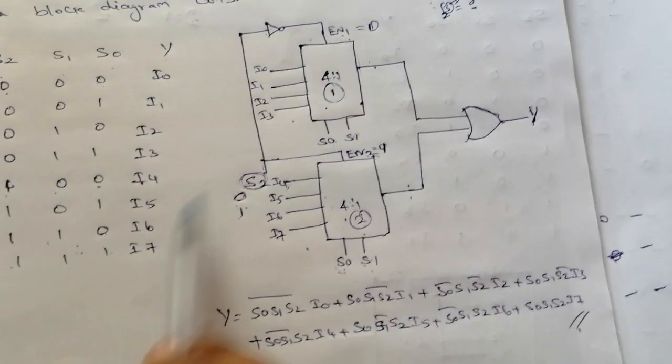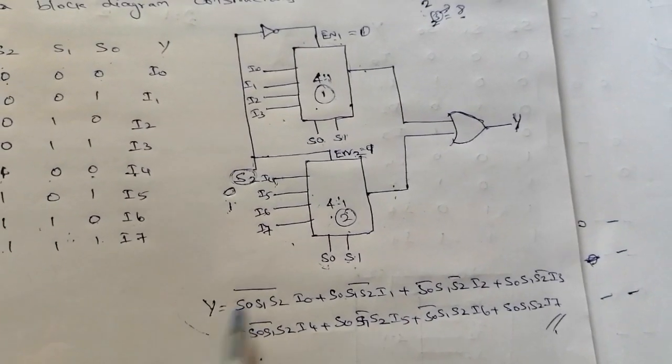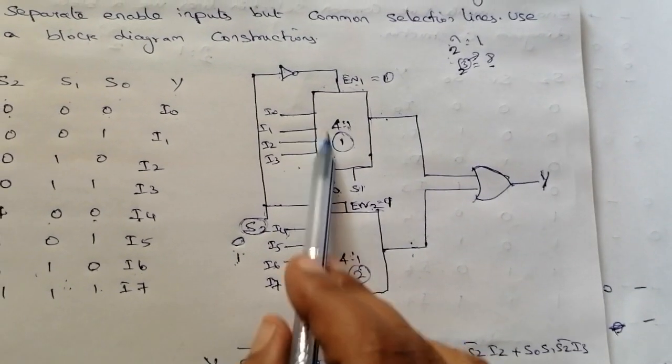So this is the 8:1 mux output, a single output using the dual 4:1 mux.